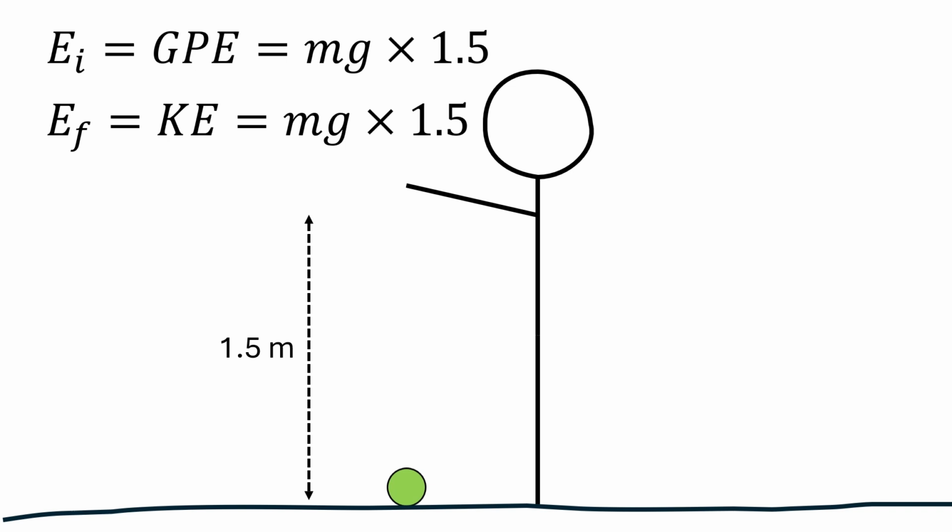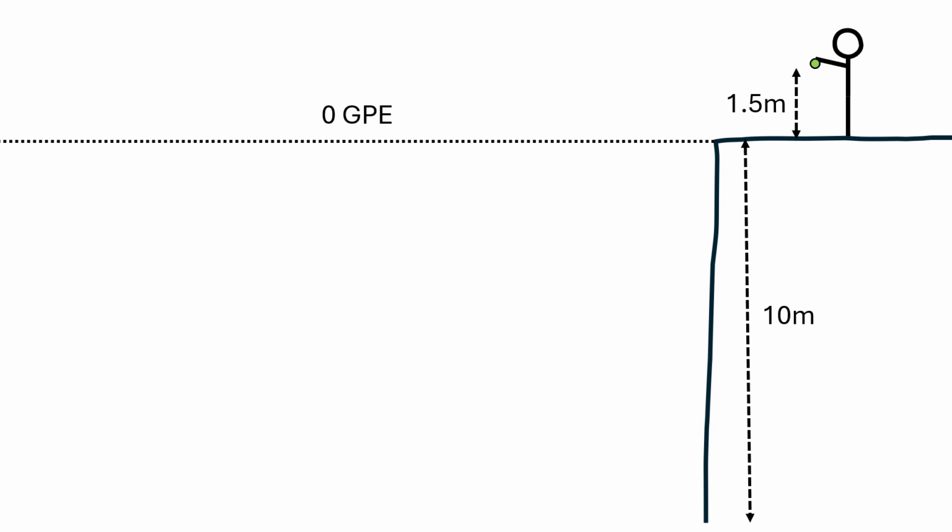So you see that I have potential energy transformed into something usable, just like in a circuit. Now imagine that this person is instead on a ledge above the ground. Let's say the ball is still 1.5 meters above the ground that they're on, but that ground is 10 meters above some other ground level. I can choose my zero gravitational potential level as my zero datum line that defines where my ground is, and I can do the same calculations.